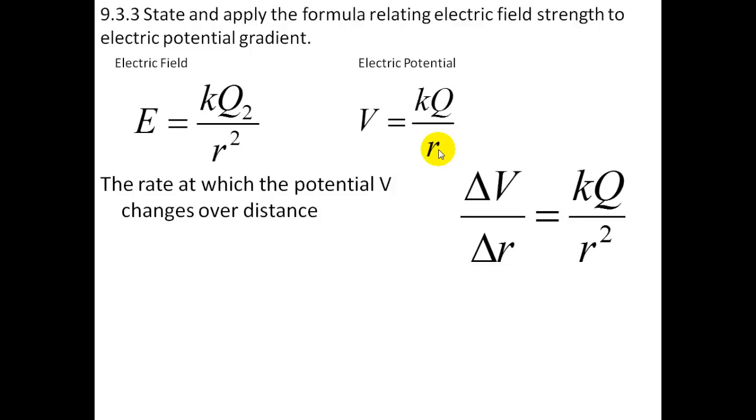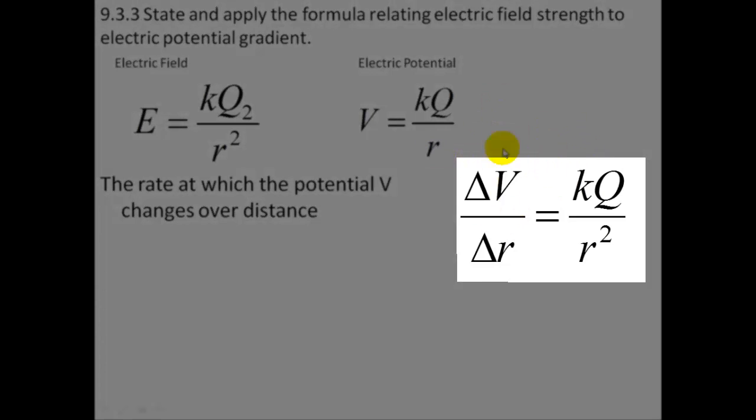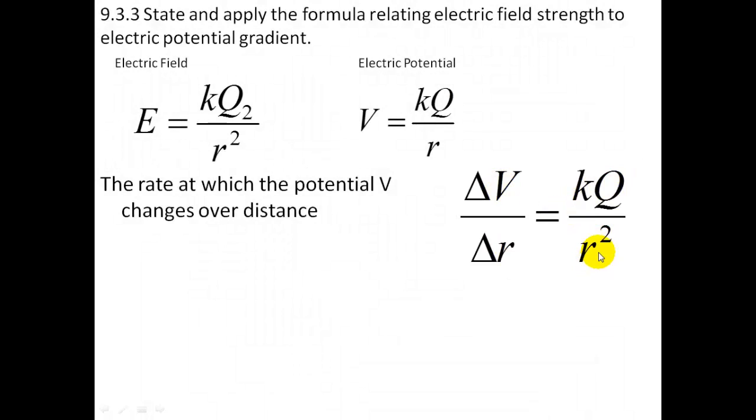If you had differential calculus, this would be a very standard proof to do, but I'm skipping over the details here. Just understand that the rate at which the potential changes with distance is equal to kQ over r squared. Now this looks familiar. kQ over r squared is also equal to the electric field strength.